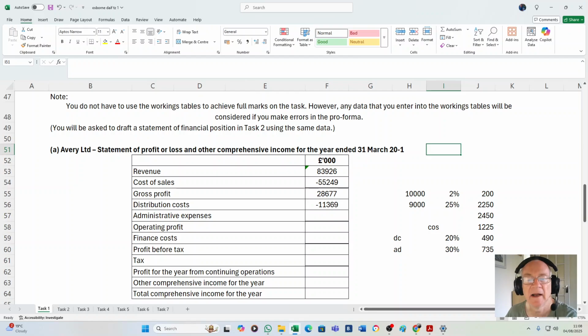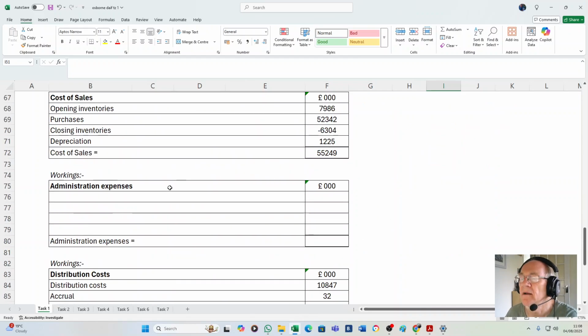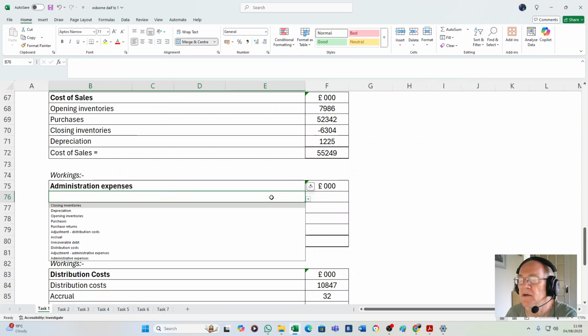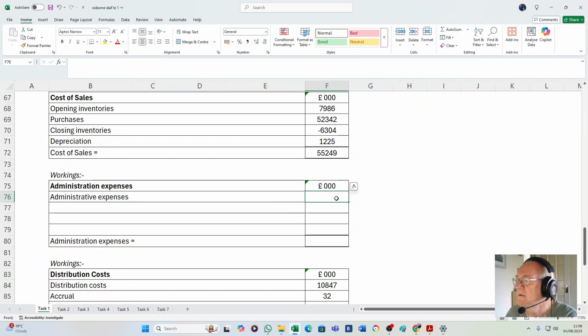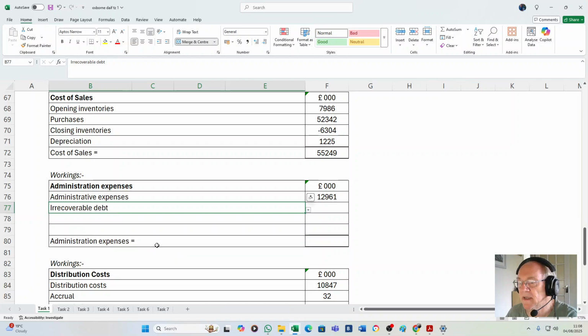Then we've got our admin expenses. Where's our admin expenses box? Let's have a look. Offer the trial balance figure to start off with, without going back up, going up and down enough as it is, and we will be taking off from the notes the irrecoverable debt, 25.